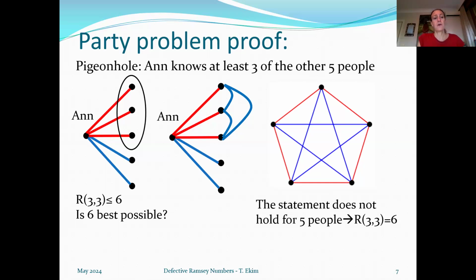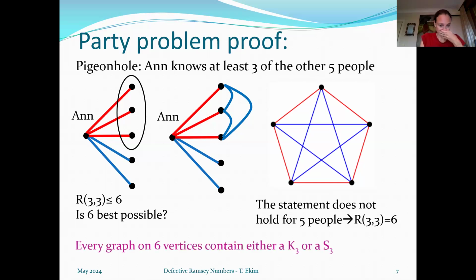In every graph on at least 6 vertices, there's either a clique on 3 vertices, this is a triangle, or an independent set on 3 vertices, which means that in the complement, right, this is a triangle. Okay, any questions so far? Every graph on 6 vertices contains either a K3 or an independent set on 3 vertices.